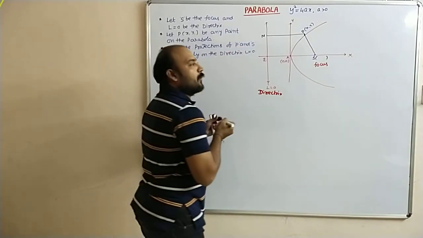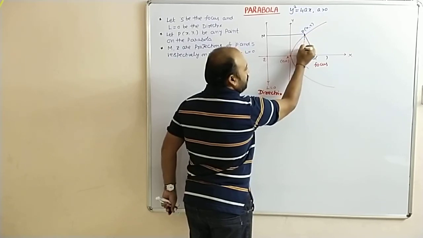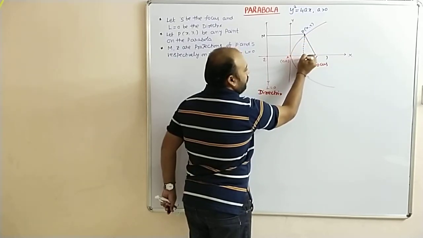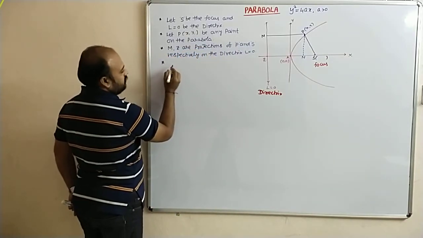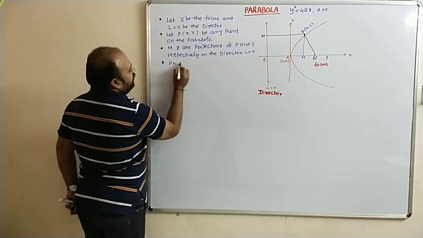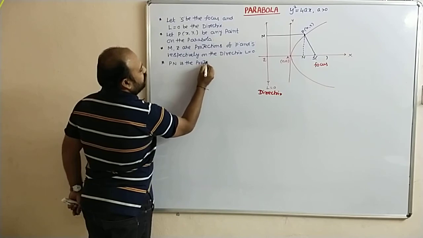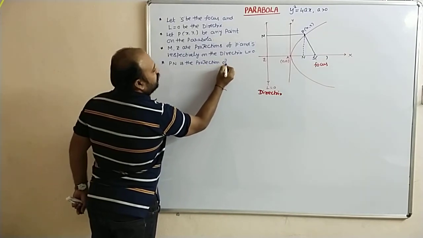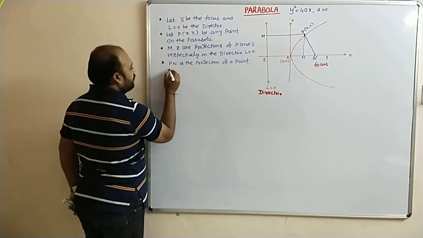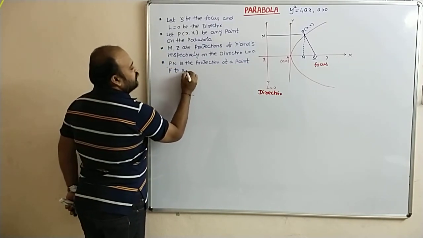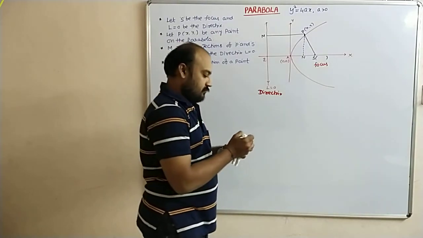After that, draw one more perpendicular, also a projection. PN is the projection of the point P to the x-axis.